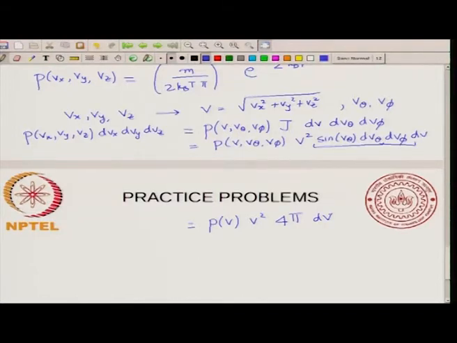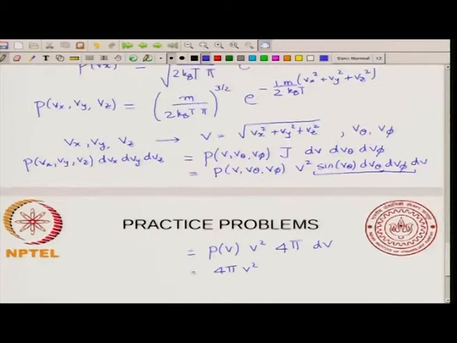Okay. So, these are very standard things that you do when you work with curvilinear coordinates or spherical polar coordinates. So, you have a 4 pi V square dV. Okay. So, now I can write this as 4 pi V square. Now, P of V you can get by looking at the expression for it. So, we notice that this whole thing in this whole expression is just equal to V square.